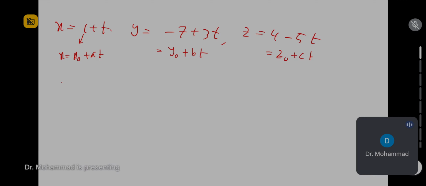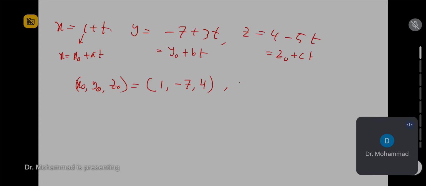So how about the x naught, y naught, and z naught? What is x naught, y naught, and z naught? X naught is 1, y naught is minus 7, and z naught is our 4. Am I right?